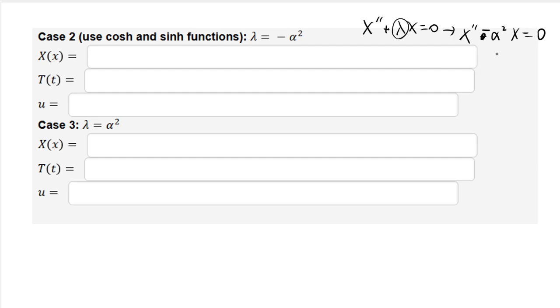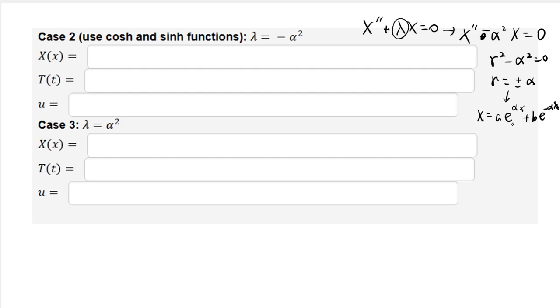If you solve the characteristic equation, it will be r squared minus alpha squared equal to 0, whose solution is r equals plus or minus alpha. And here's the problem. Because alpha is considered real, the two solutions must be x equals a times e to the alpha x plus b times e to the negative alpha x.